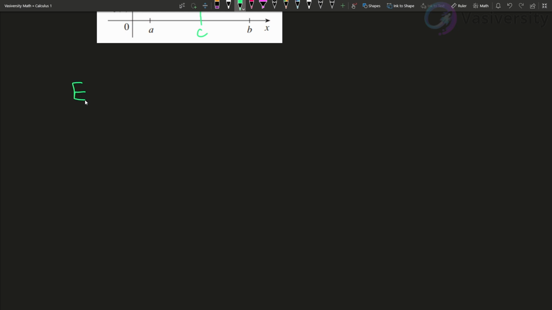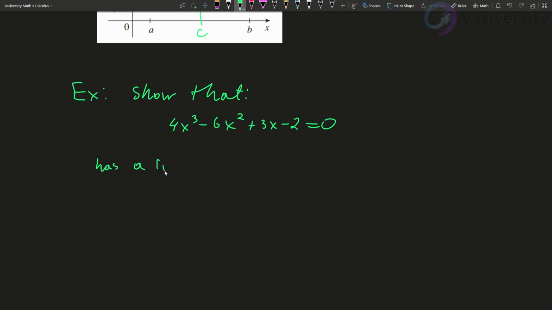So, for example, we want to show that 4x cubed minus 6x squared plus 3x minus 2 equal to 0 has a root between 1 and 2, so x equals 1 and 2.